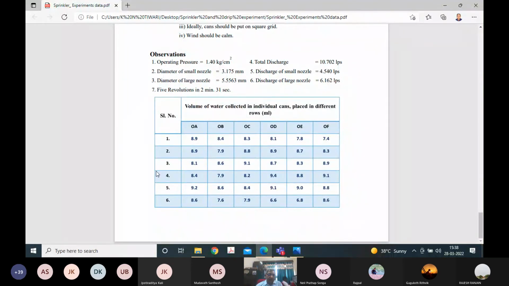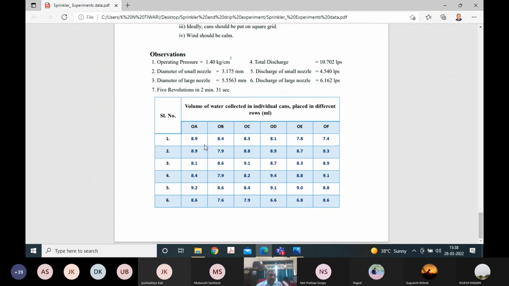From these 36 observations, you find the average volume, and then get the deviation from the mean. So this is your x1 minus x bar, whatever x bar you are getting, and this will be 8.9 minus x bar.